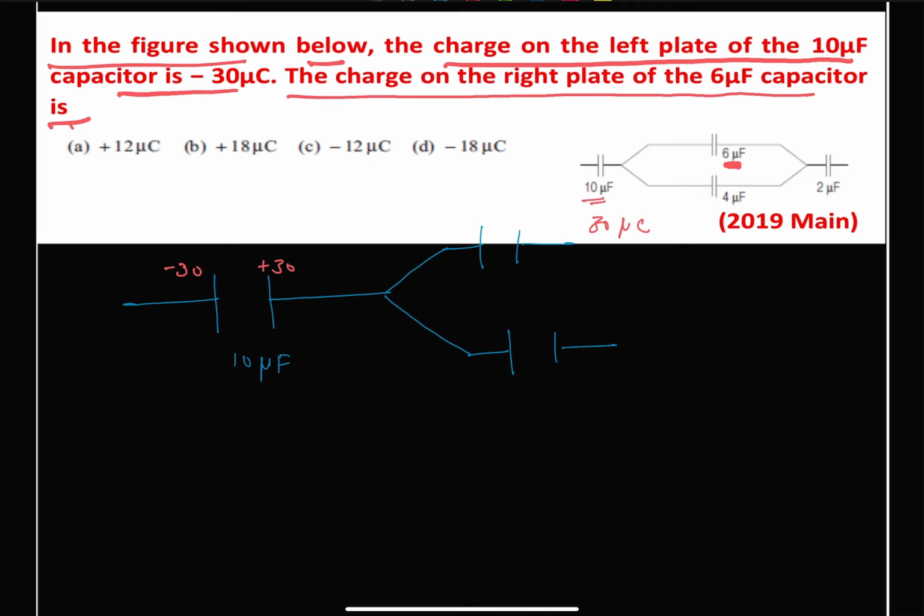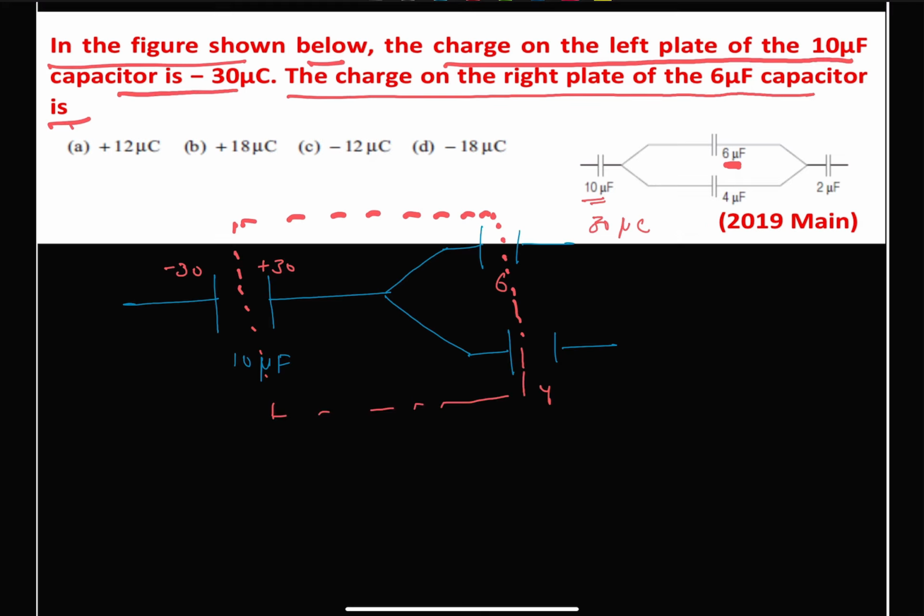And for this, the 30 microcoulomb charge will be distributed among our 6 microfarad and 4 microfarad, and that is what we require on the right side. So this will be our distribution, something like this.